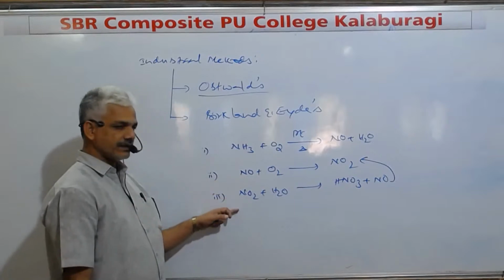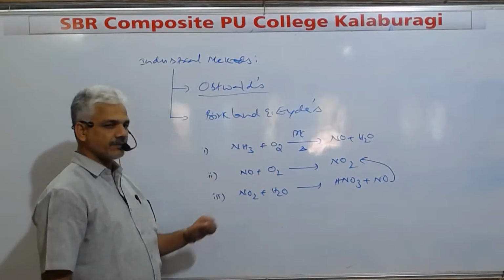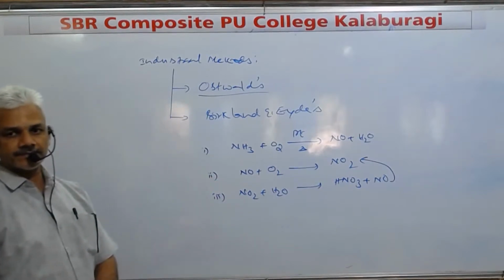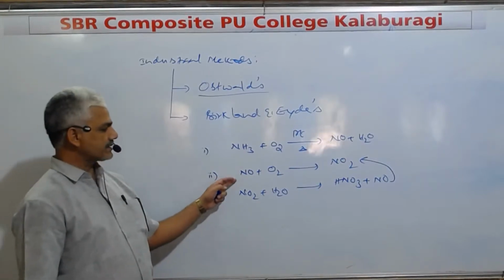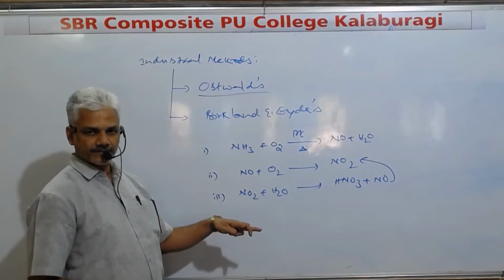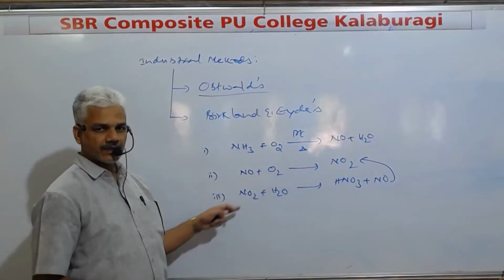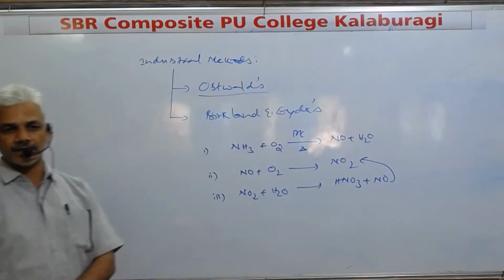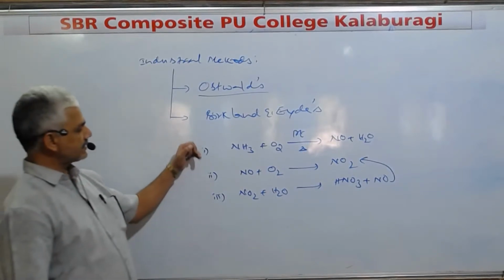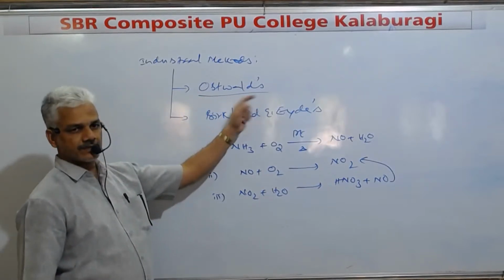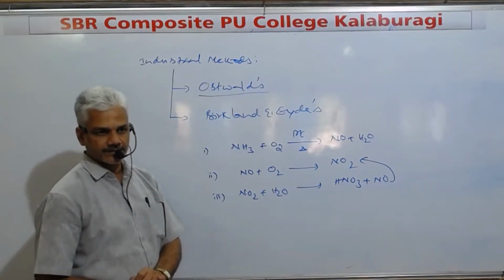So in the second and third stages, nitric oxide is getting regenerated. So only nitrogen dioxide is getting converted into nitric acid. These three stages taken together we call Ostwald's process.